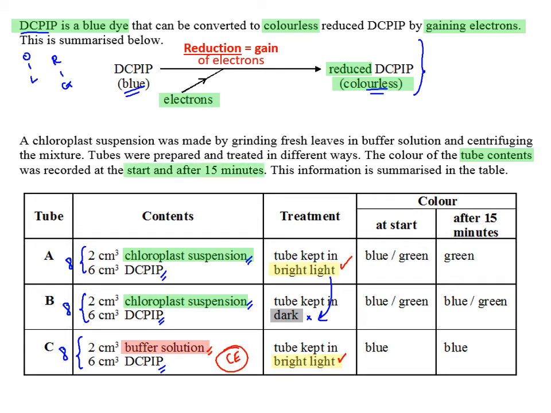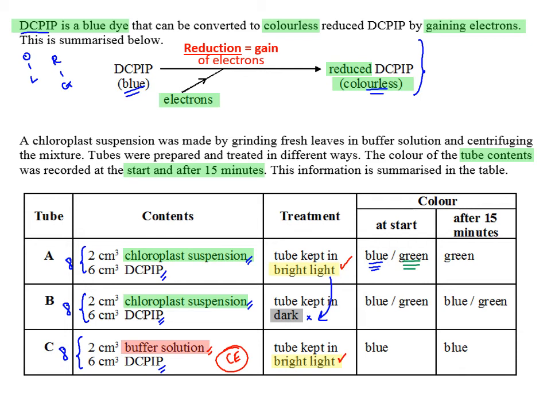Now, when we start to look at the data, we can see that at the start of the experiment, the colour of the tube contents in tube A is blue-green. It's written as blue-green because the chloroplasts have a green colour, because we know chlorophyll reflects green light. That's why the chloroplasts look green. And the bluey colour comes from the DCPIP indicator, which is blue.